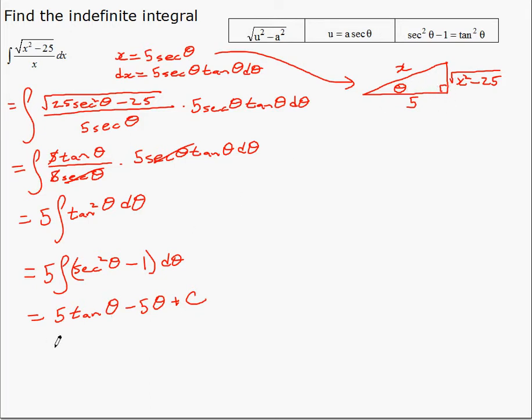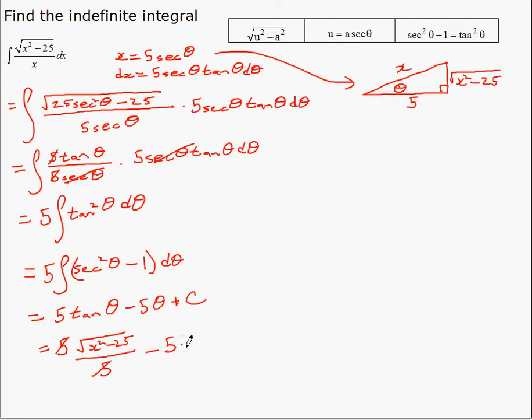We need tangent, so tangent is opposite, which is root x squared minus 25 over adjacent, which is 5, so the 5's will cancel there.